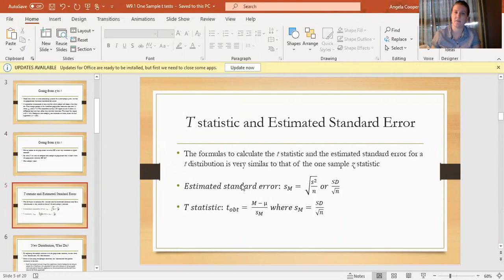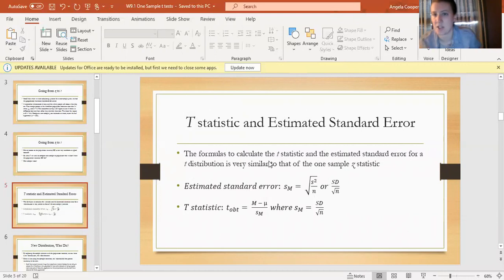So instead of the standard error of the sampling distribution being the population standard deviation divided by the square root of the sample size, now it is the sample.